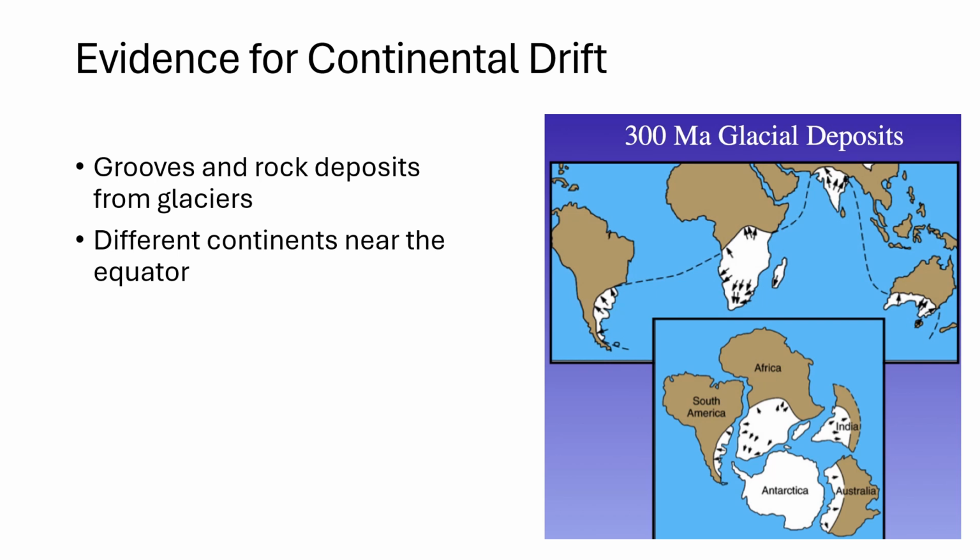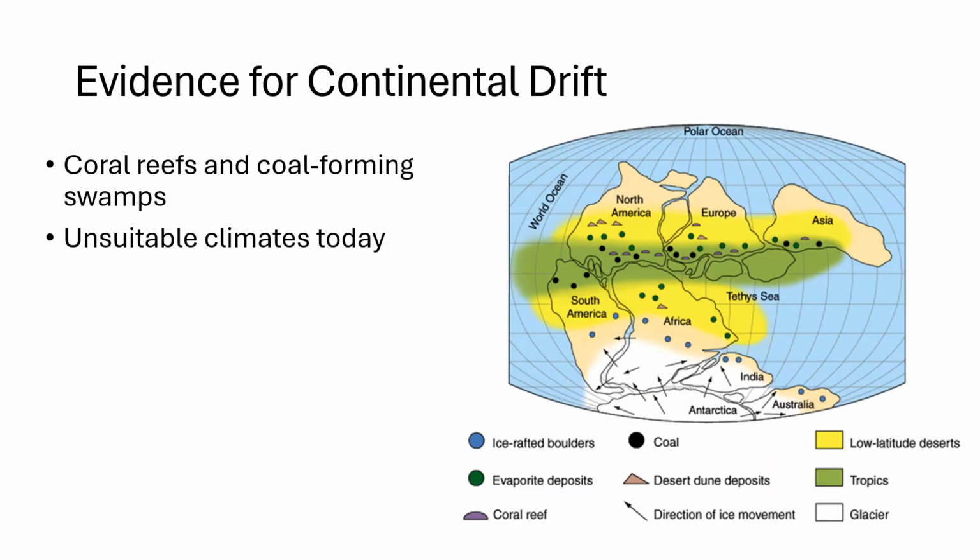So an explanation for that would be that the continents were together closer to one of the poles, in this case probably the southern pole, and glaciers could form and would leave their deposits in grooves. So climate kind of dictated that glaciers couldn't form in that equatorial region.